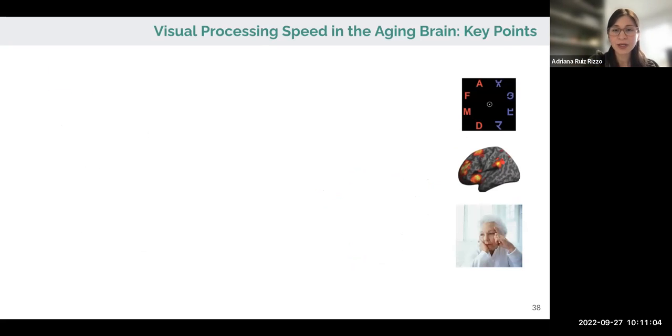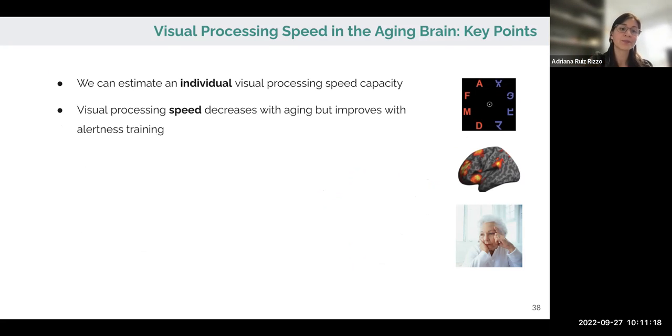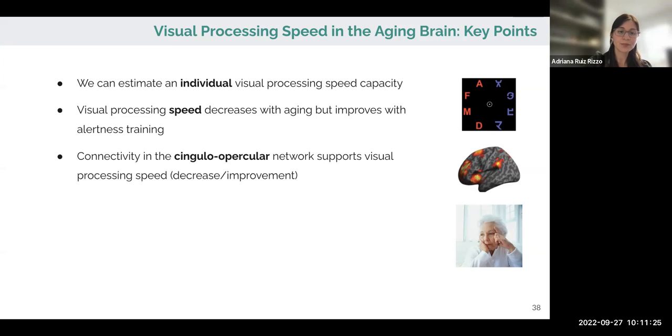So in summary, what I've shown you today is that we can estimate an individual's visual processing speed capacity, for example, using the theory of visual attention, the whole report task, and modeling. Visual processing speed decreases with aging, but improves with alertness training. I've also shown you that connectivity in the cingulo-opercular network supports visual processing speed, both the decrease in aging and the improvement with alertness training.